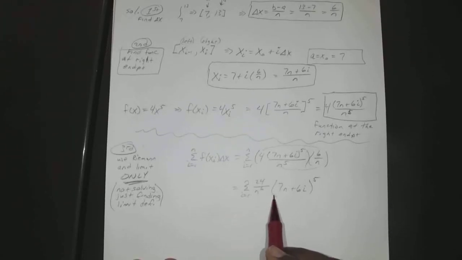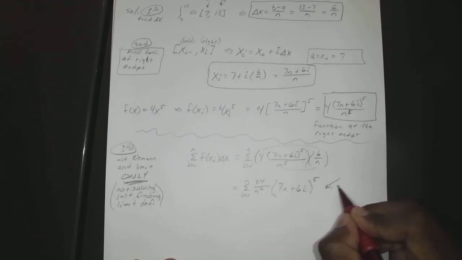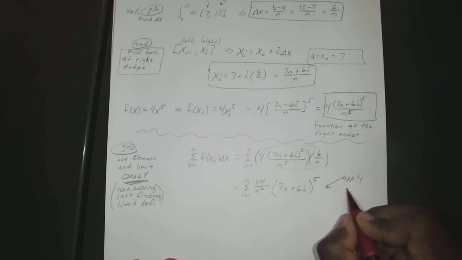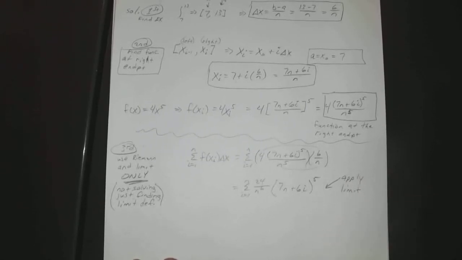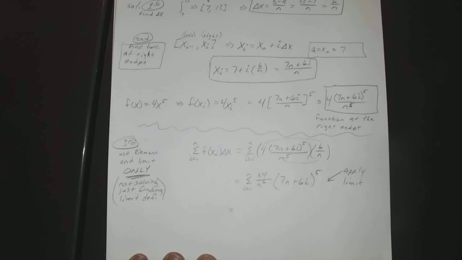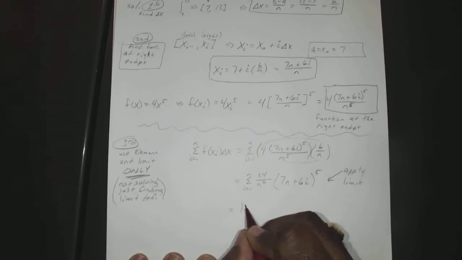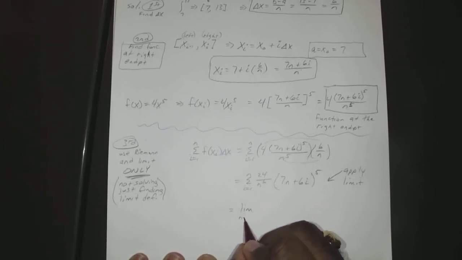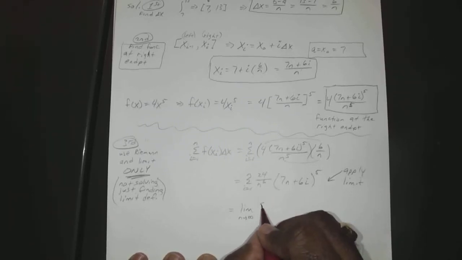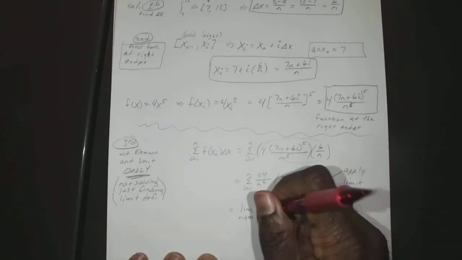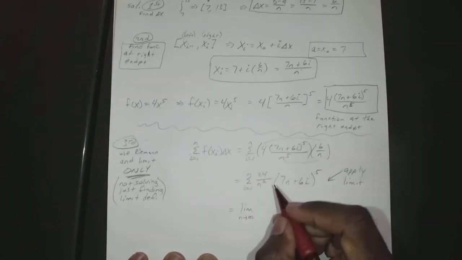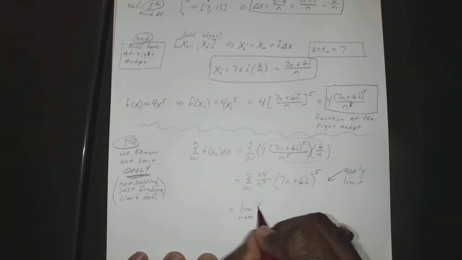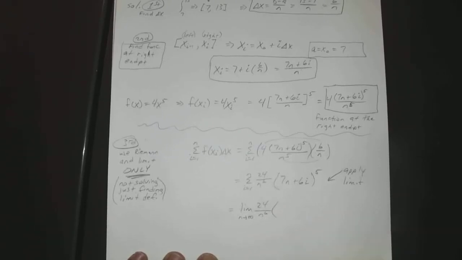Once we get this, we apply the limit. So it equals the limit as n approaches infinity of 24 over n to the 6th times 7n plus 6i to the 5th.